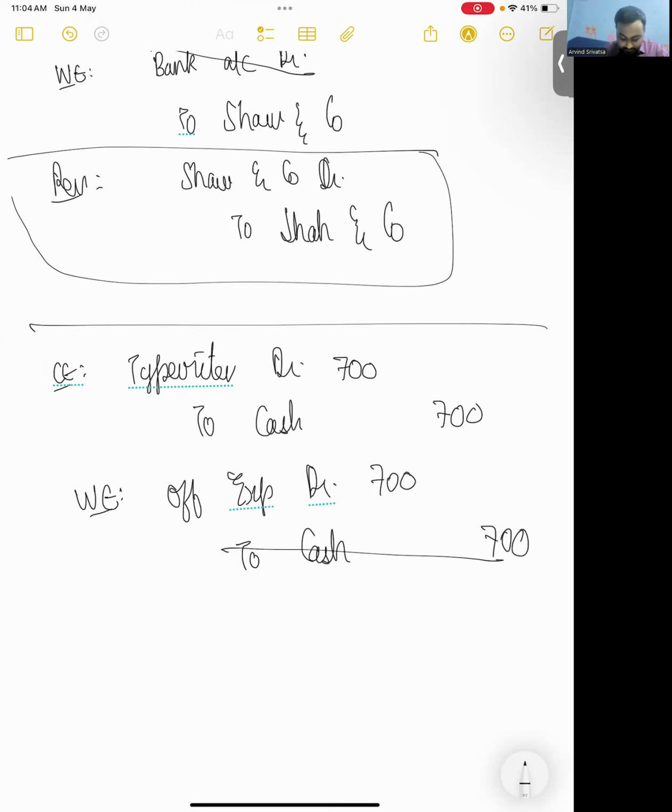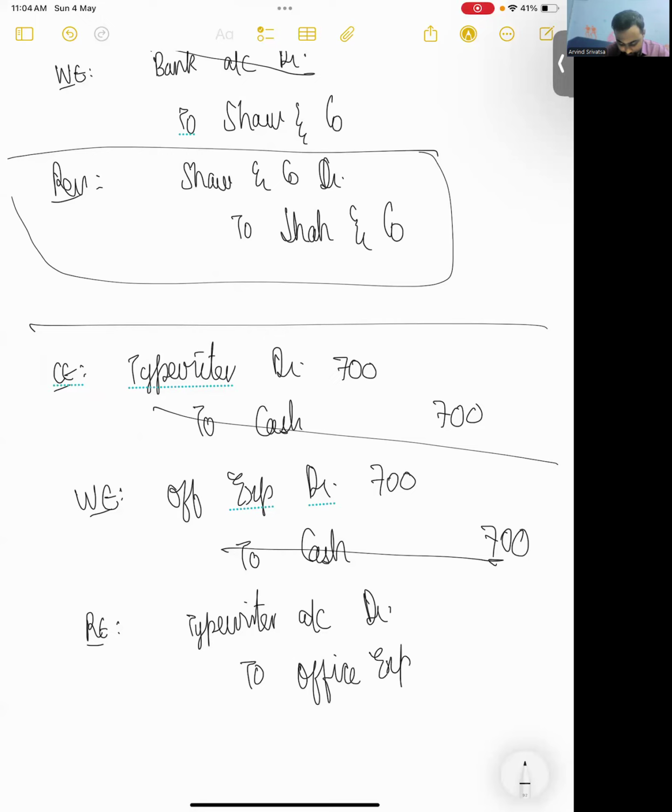Your cash and cash are going to get cancelled. The rectification entry: typewriter account debit to office expenses account, 700, 700.